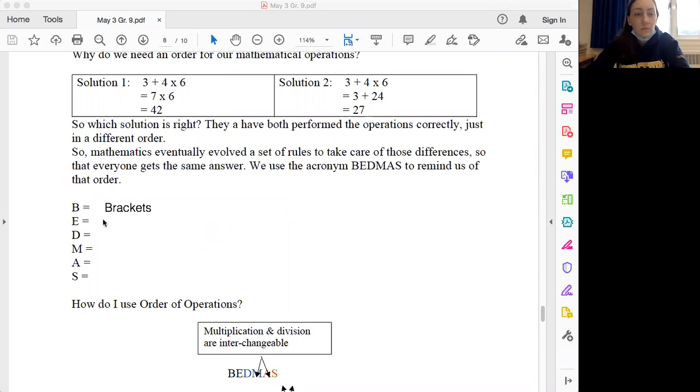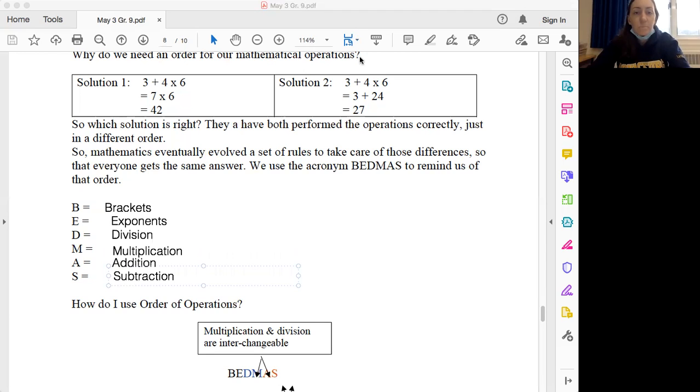Your second one would be anything with exponents. And then it's division and multiplication. The division and multiplication don't usually matter which order they go in. You could do multiplication before the division. That's no big deal. Same with the addition and subtraction, but those are the last two that you would use.